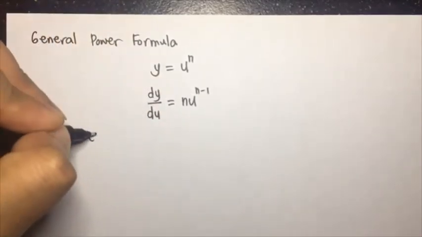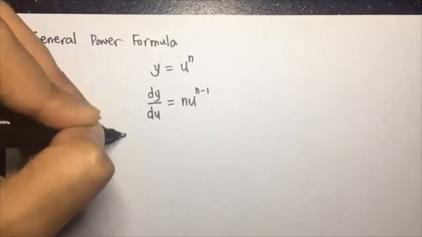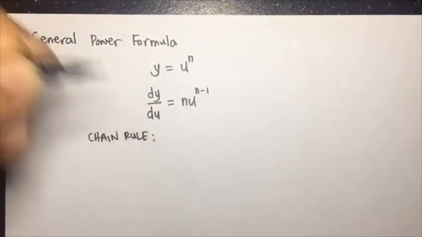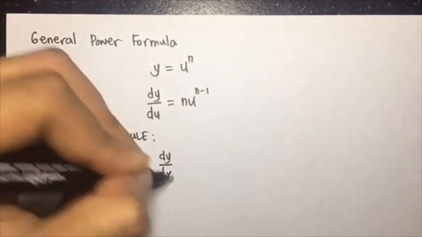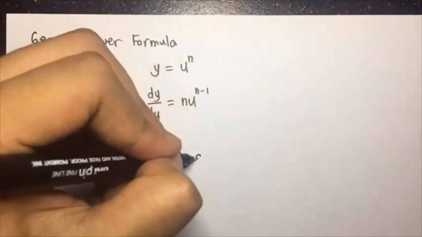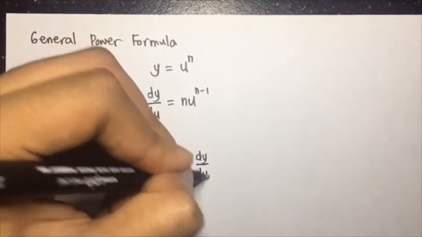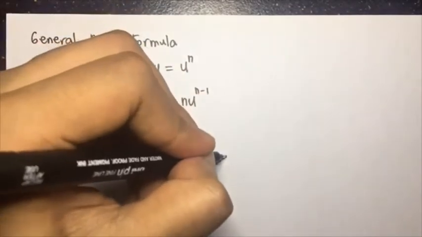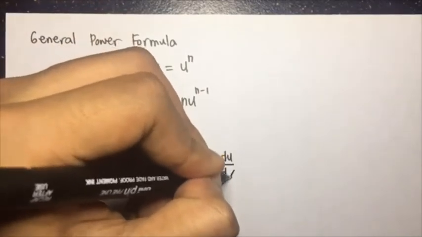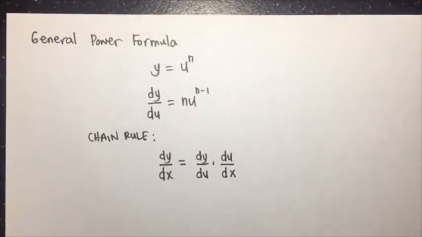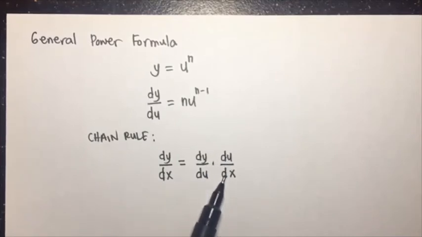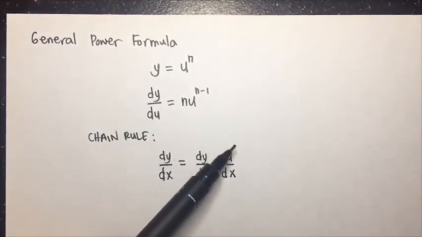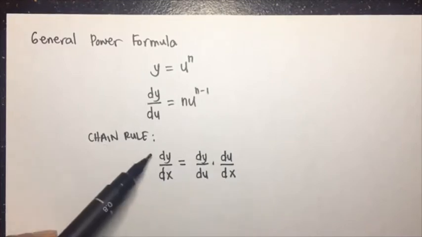So from the chain rule, dy over dx is equal to dy over du multiplied by du over dx. Since we multiply dy over du by du over dx, the du cancels out, so what will remain is dy over dx.